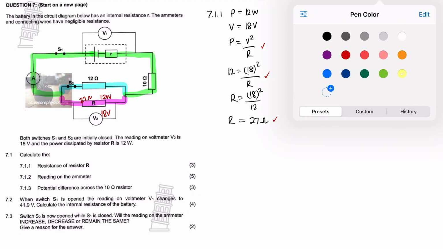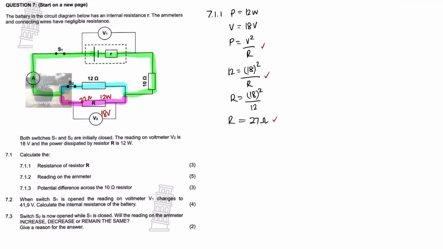So the current in the pink branch. That's what we want to work out. What information do we know? Well, we know the voltage for the resistor R, and we also know the resistance.